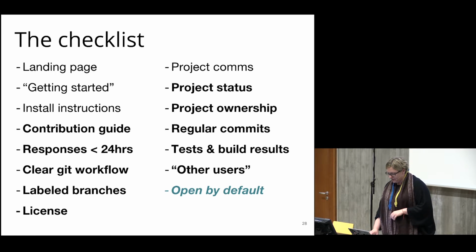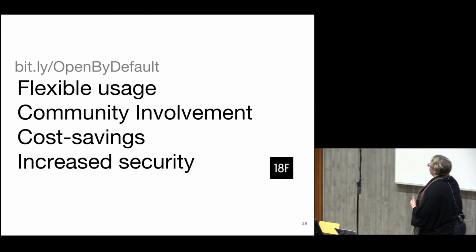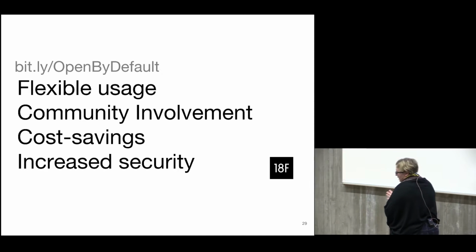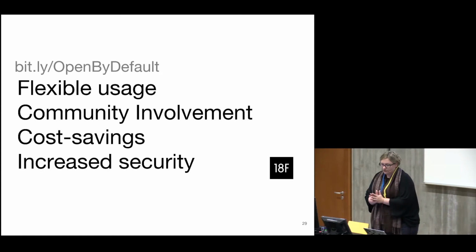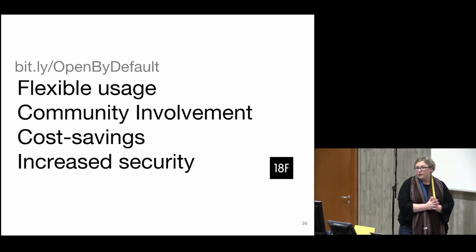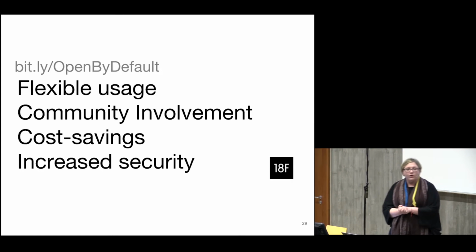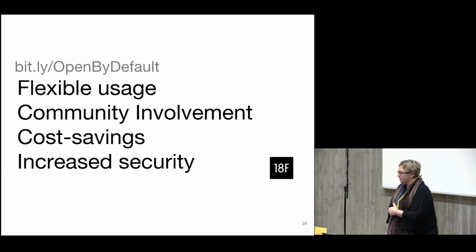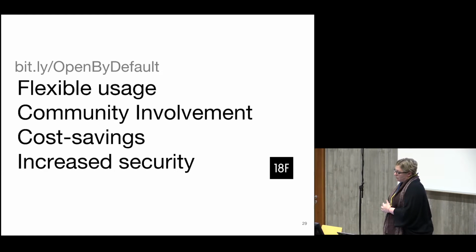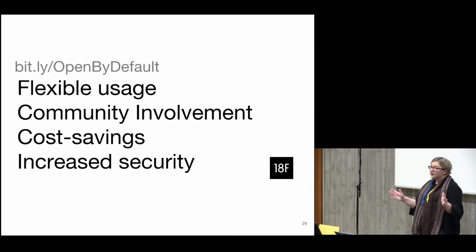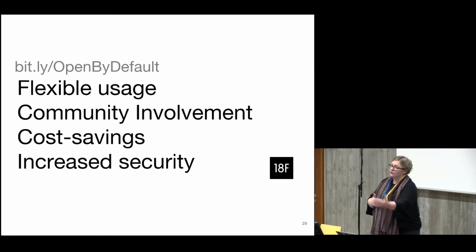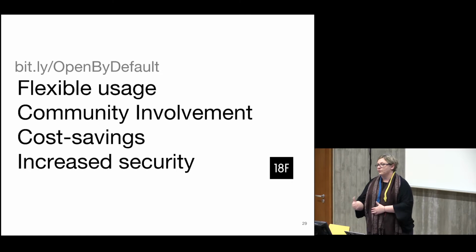And lastly, open by default. Once again, this is a concept that is based from 18F. Basically, when we were creating a policy for how to handle our software, we were open by default. And that means, don't wait to open your work, open it right away, and get it out there, even if it's ugly, and then try to satisfy those things on the list as you're working.